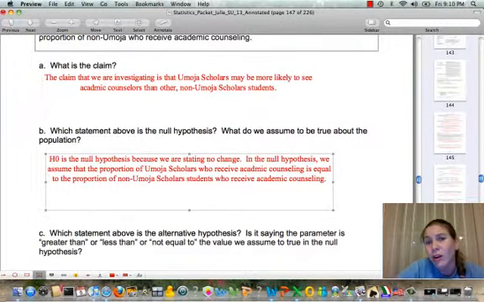So here, this is our assumption of no change or no difference. So we assume that there is no change or no difference.